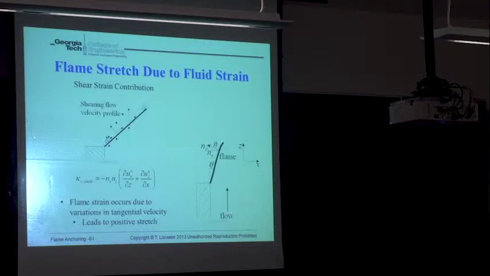It's increasing, right? So what's the stretch rate? Positive or negative? There's the answer. Positive, right? Yep. So in this case, shear strain, the shearing distortion of fluid elements, will lead to positive flame stretch.